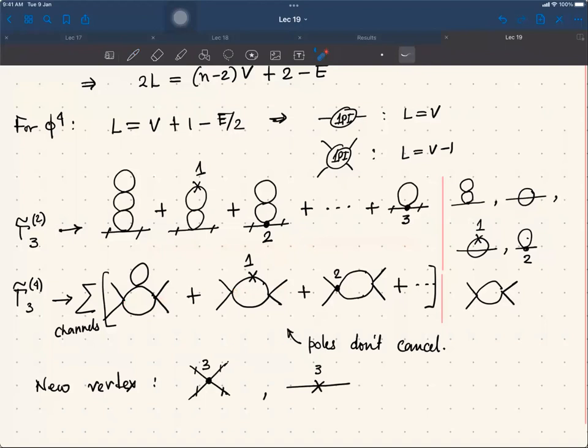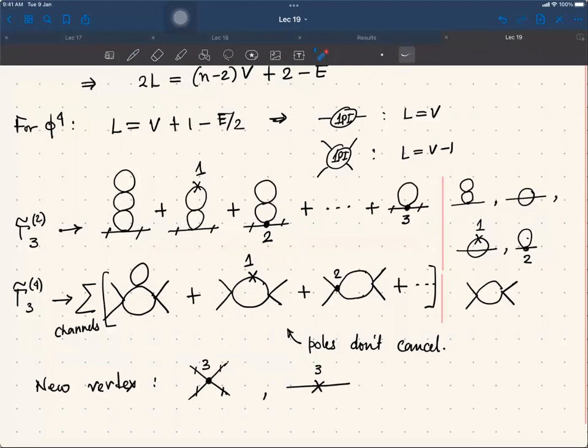So those momenta and masses will have to appear as polynomials in the residues of these poles. But that's not quite obvious, because there are log m squared terms and log p squared terms as well.